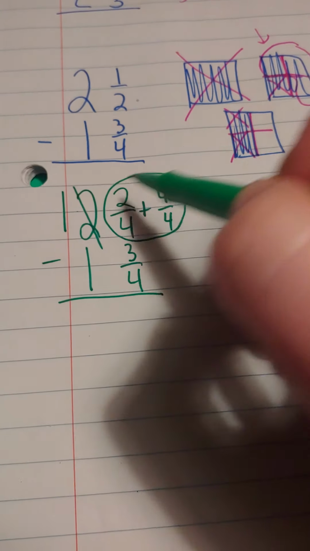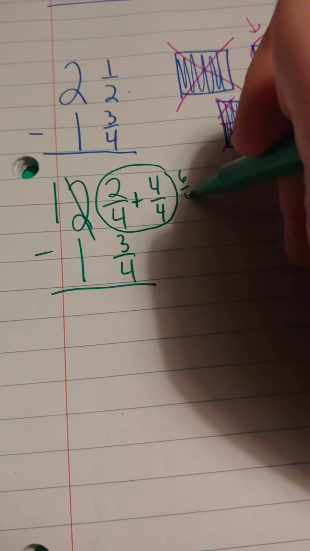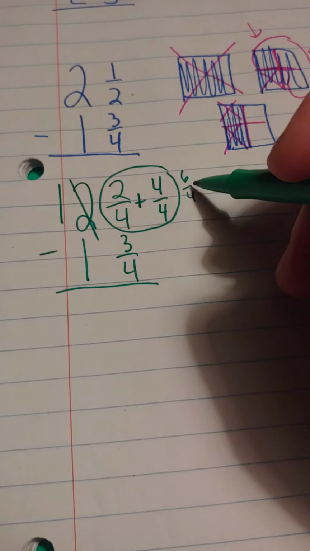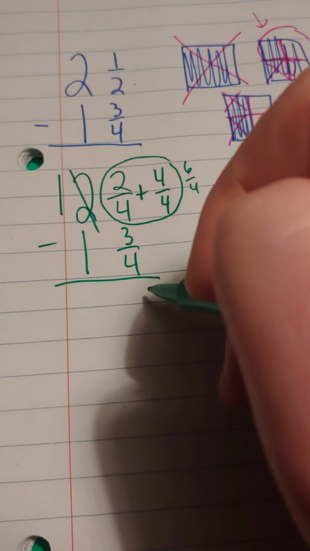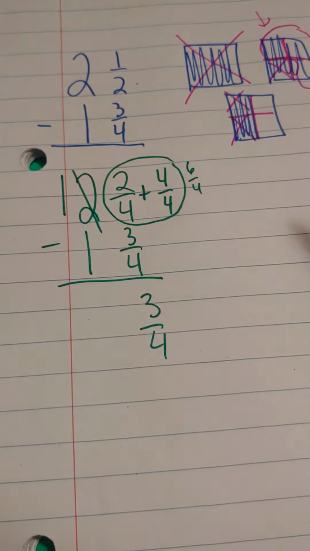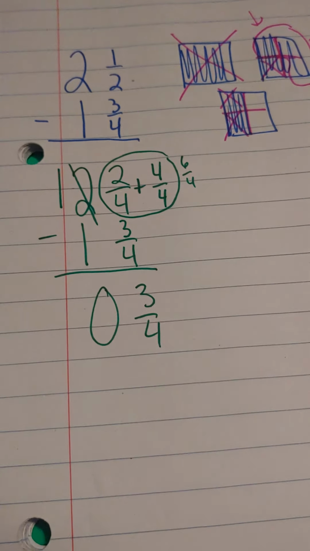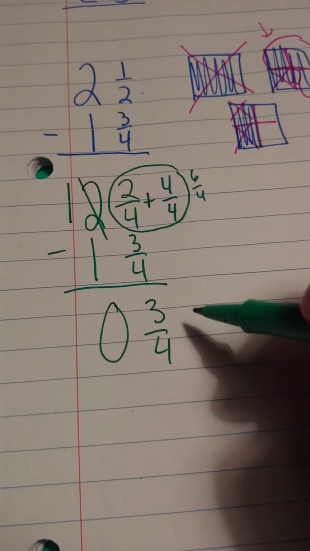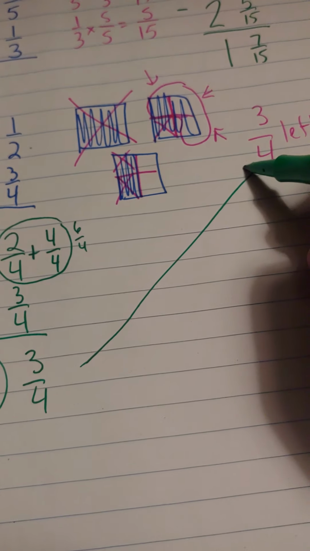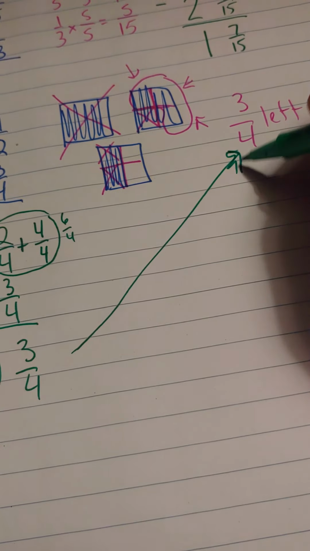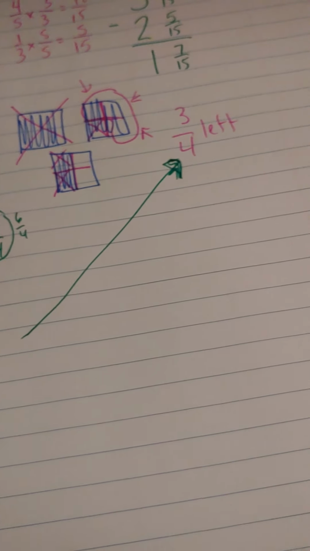So now I really have 6/4. Well, now I can subtract. 6/4 minus 3/4 is 3/4, and then 1 minus 1 is 0. So my final answer is 3/4. Just like, that's a bad arrow, just like our picture showed us, right?